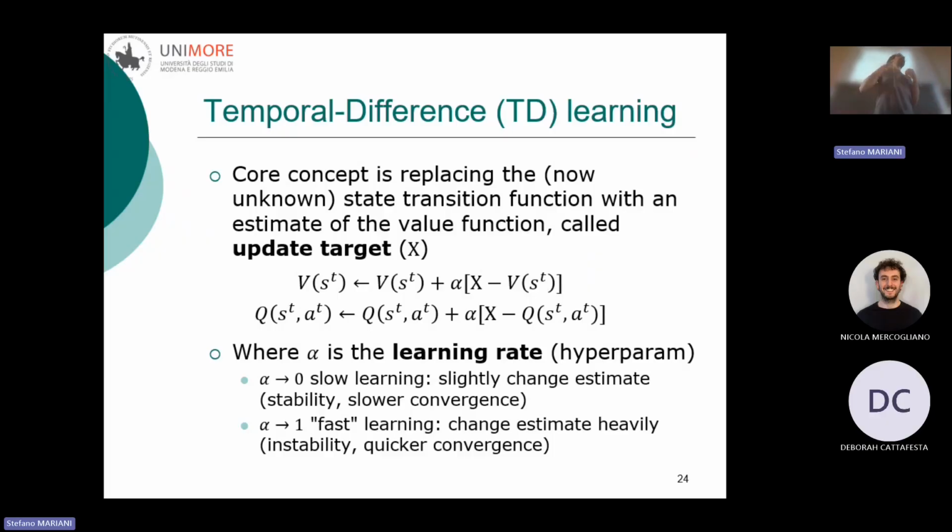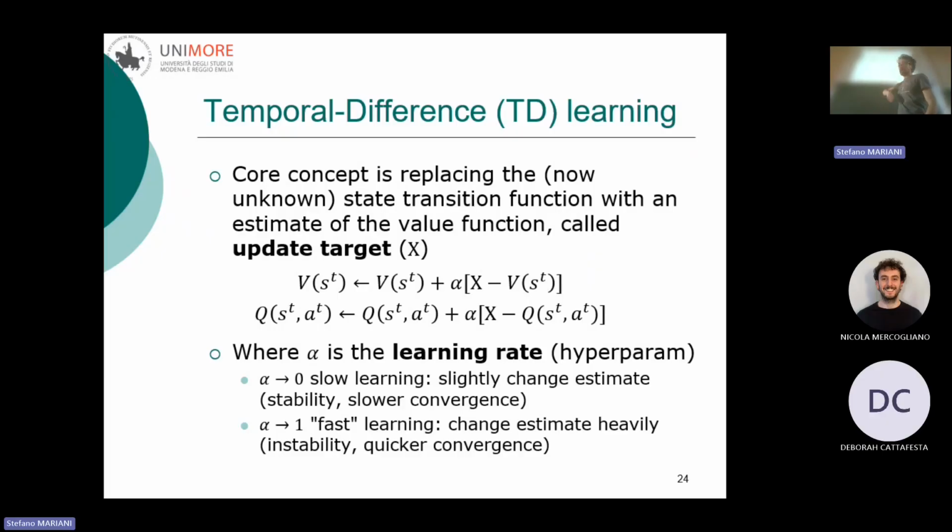Now it is a proper estimate. Before, we spoke about estimates because it was an expected return, but we didn't do any estimate, actually. We did exact calculations. Now we need to estimate. Now we don't have the transition function, so everything that was here, we don't know what to put there. We need to find something else to put there, both in the state value function and in the state action function.